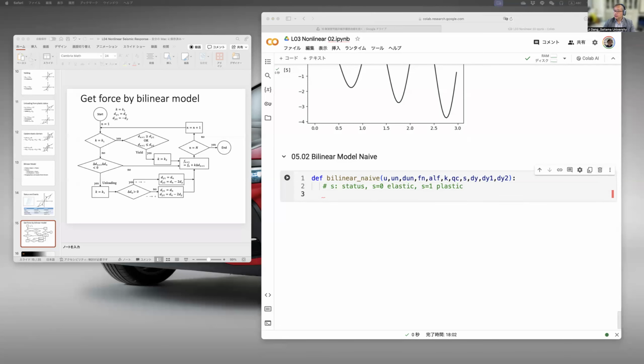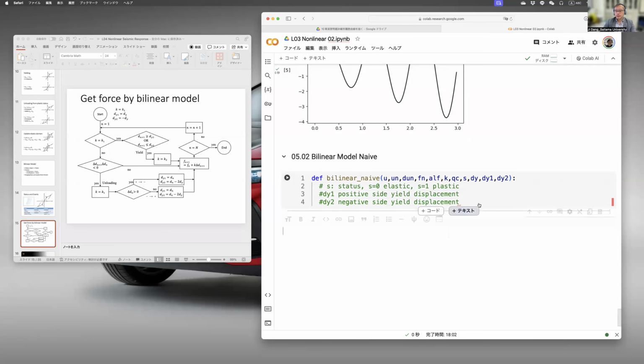Also dy1 and dy2 are the yielding displacements on the positive side and negative side. Firstly, we know nothing, so we will calculate f equals 0. F is fn plus 1 here. Du is the delta d, this step's displacement minus last step's displacement.